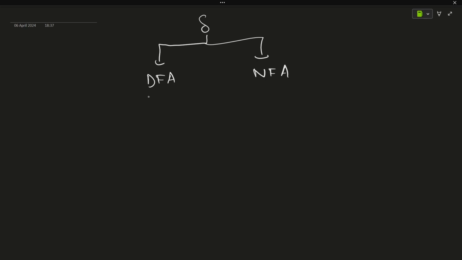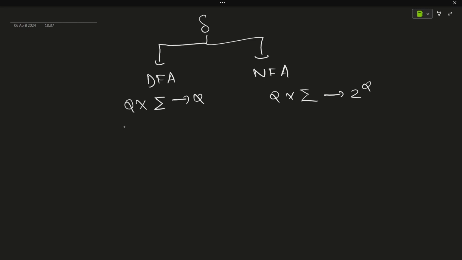For DFA, it is Q cross sigma implies Q, and for NFA, Q cross sigma implies 2 to the power Q, and this is the power set of Q. Okay, I will explain it more.